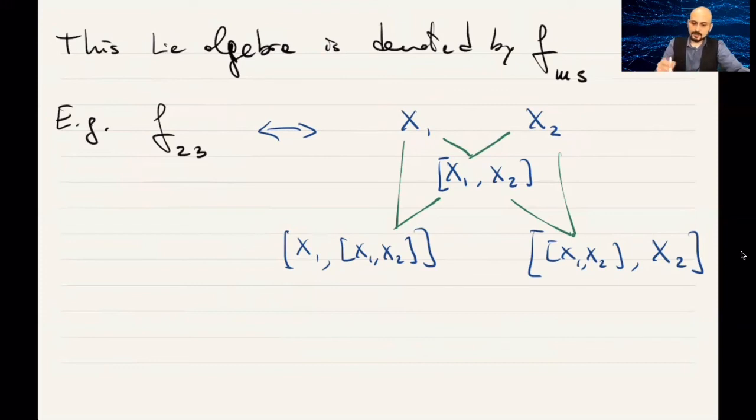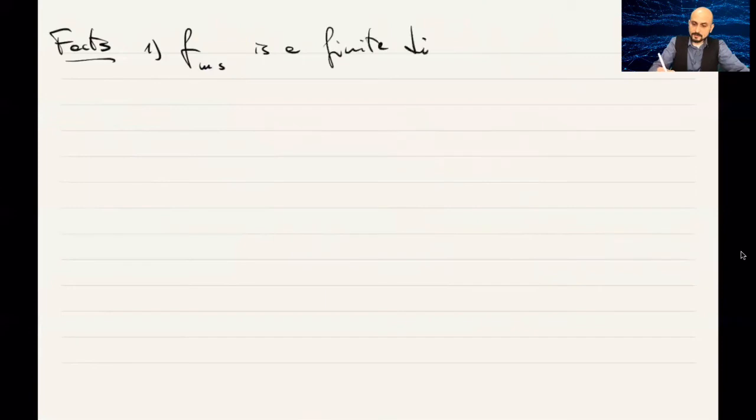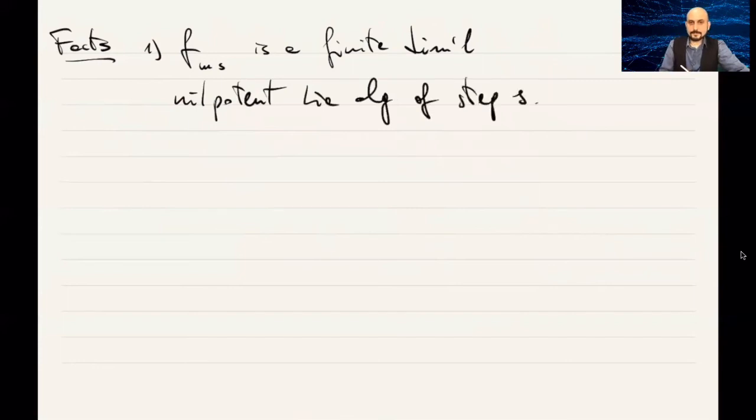Some properties about this free algebra. Facts. So, first of all, F_{m,s} is really a Lie algebra and it's finite dimensional, nilpotent, of step s.